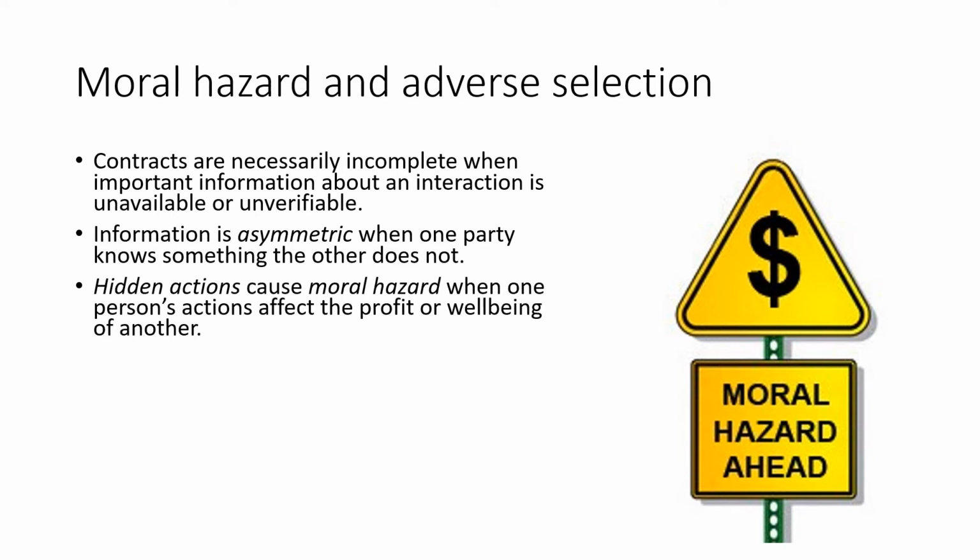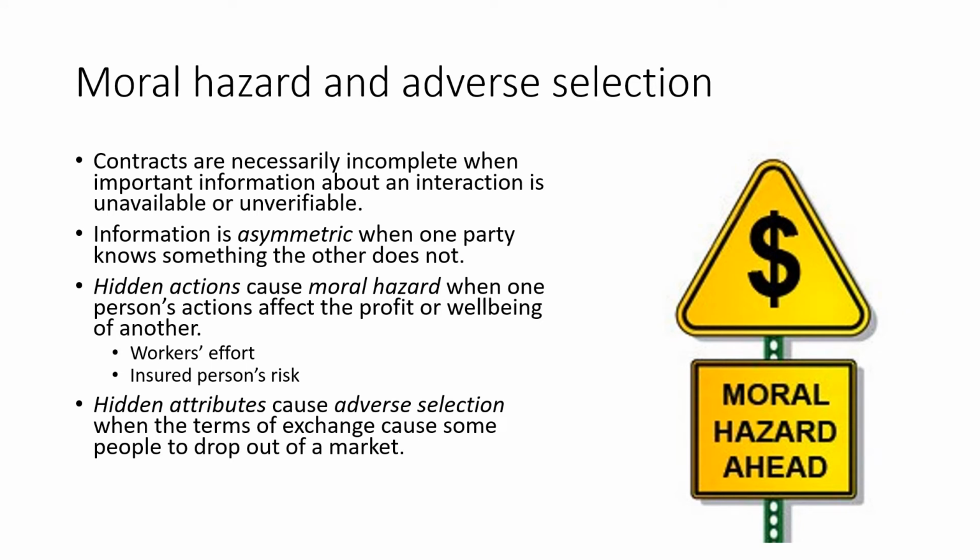Hidden actions cause moral hazard when one person's actions affect the profit or well-being of another. So if your actions are hidden, it will cause moral hazard if that hidden action impacts the well-being of someone else. For instance, workers' effort, insured person's risk.